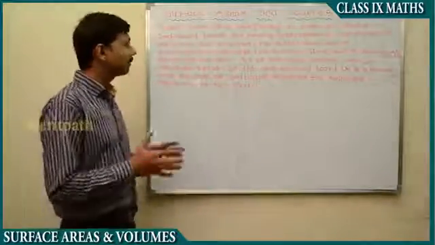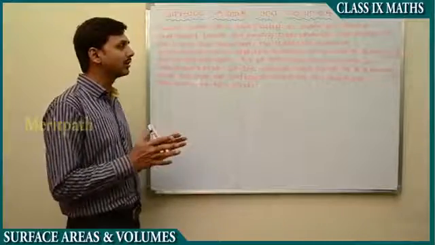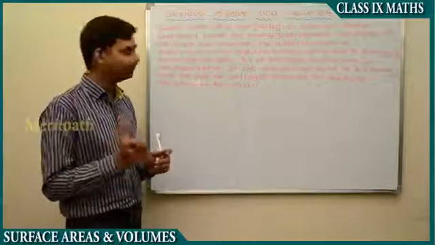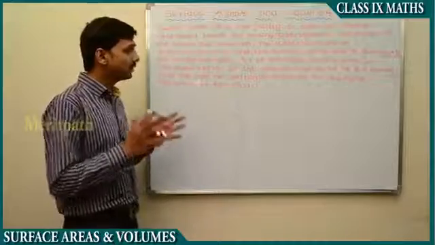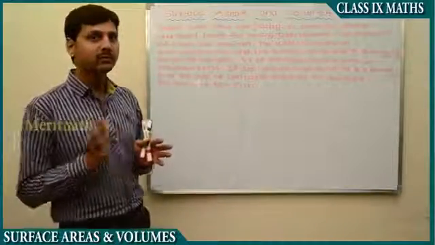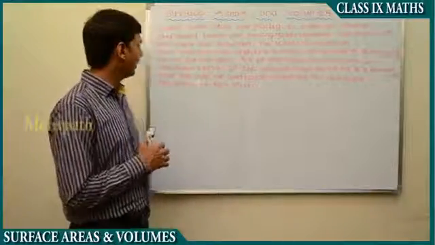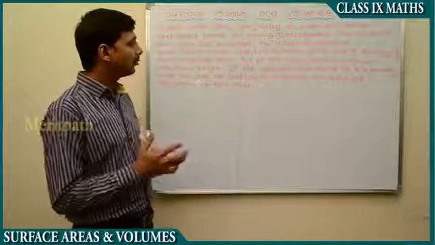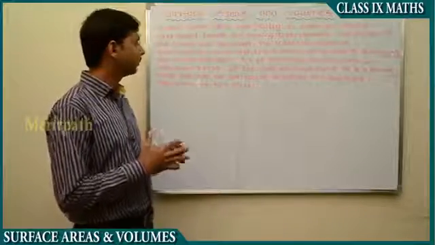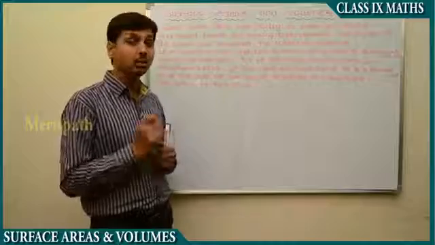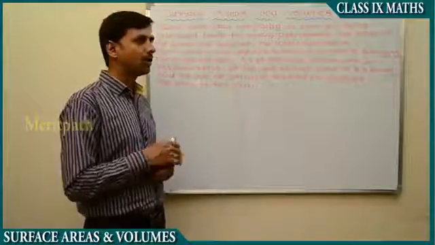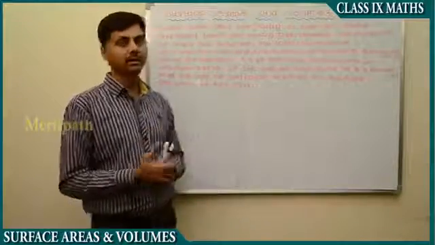For all the overlaps, 5% of the total surface area is required extra. The cost of the cardboard is 4 rupees per 1000 square centimeters. Find the cost of the cardboard if it is required for supplying 250 boxes of each kind, smaller and bigger.